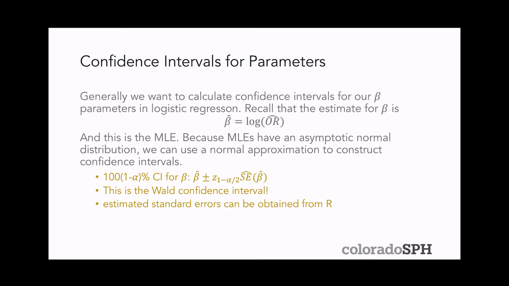So generally, we want to calculate confidence intervals for our coefficients beta in logistic regression, where the estimate for beta is the log odds ratio. And this is calculated using maximum likelihood estimation.